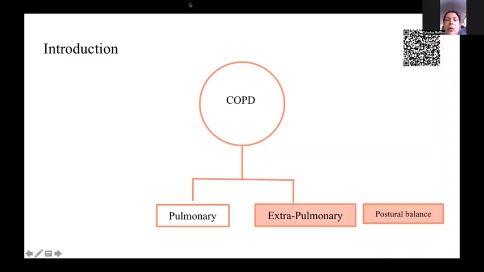Postural balance problems involved in COPD can change the ability to maintain posture.